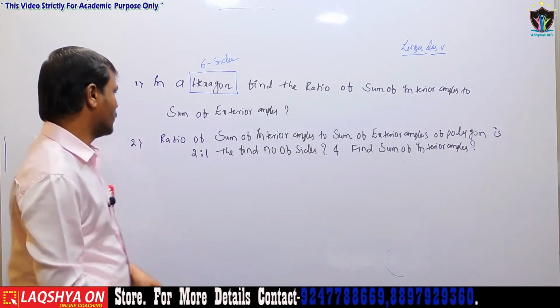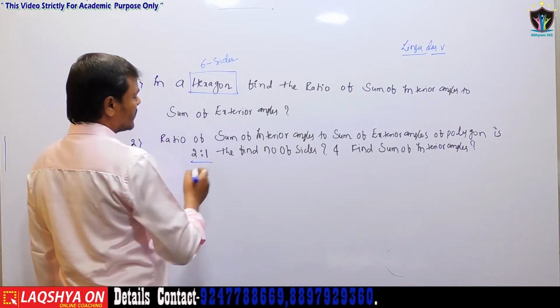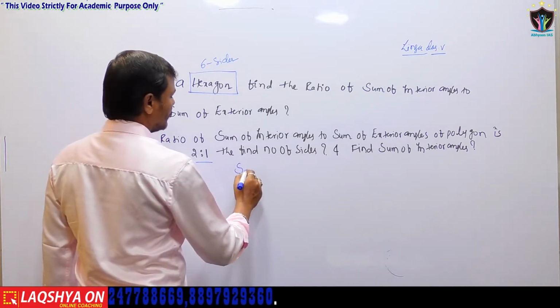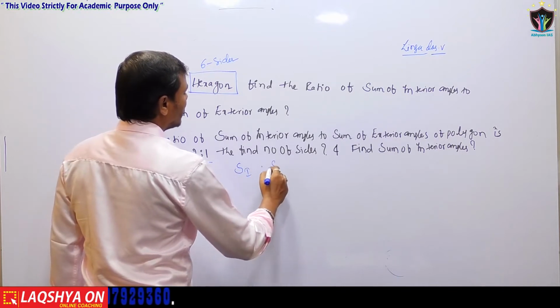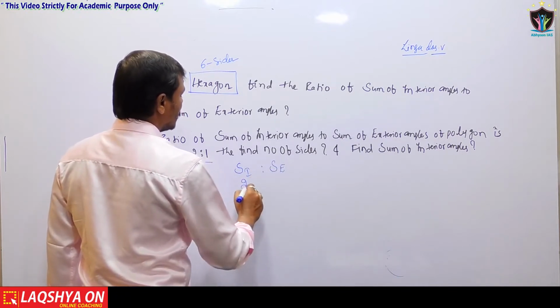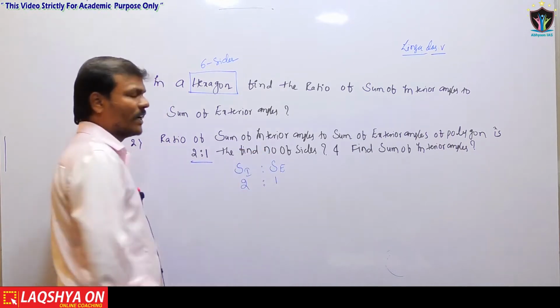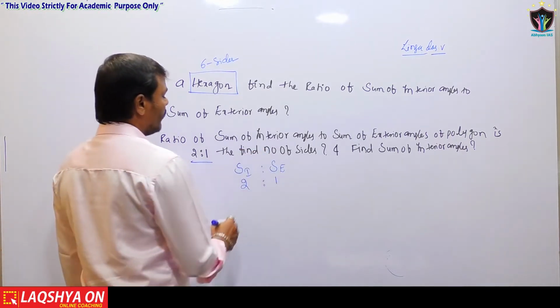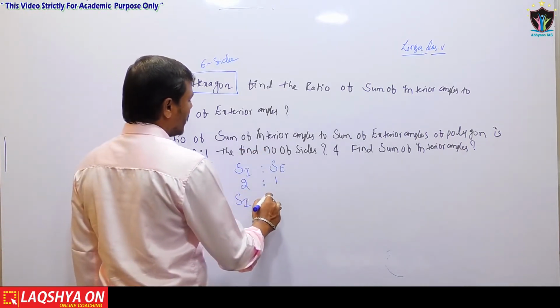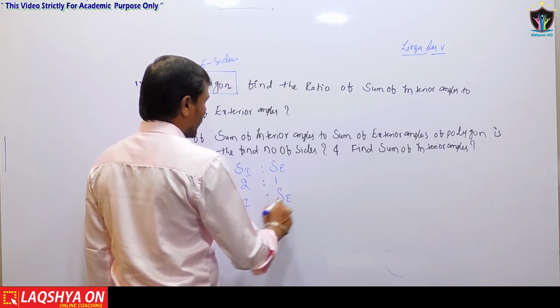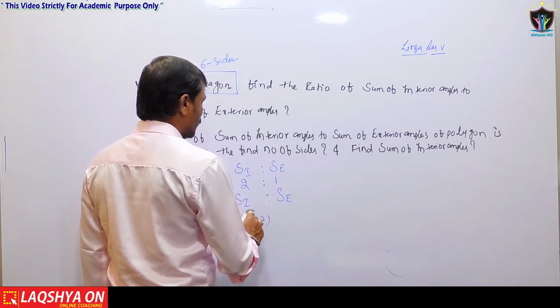Okay, in this question, the sum of interior angles to the sum of exterior angles ratio is 2 is to 1. Already we know that sum of interior to sum of exterior is n minus 2 is to 2.